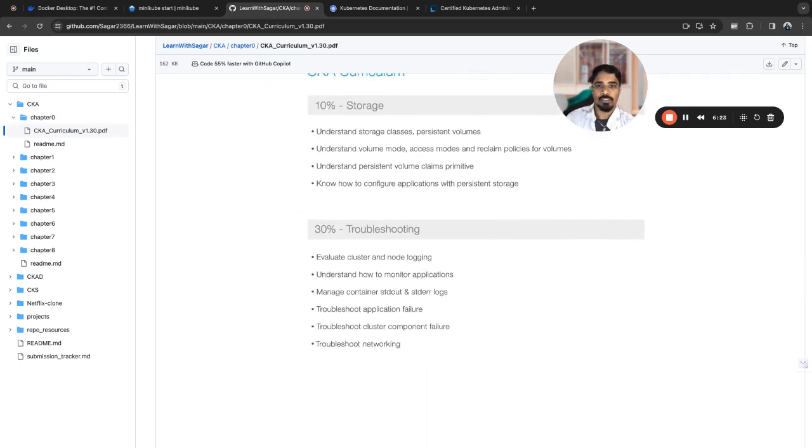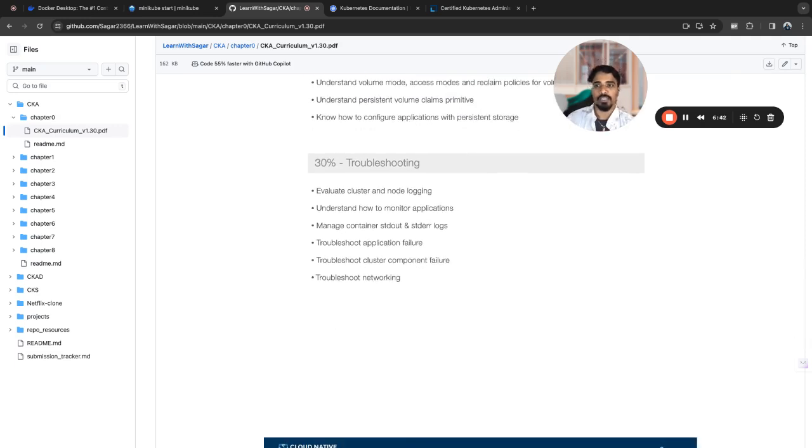The next domain is storage, where we will discuss storage classes, persistent volumes, persistent volume claims, as well as how to configure applications to use persistent storage. This domain has 10% of weightage. The next domain is troubleshooting, which has the highest weightage for the CKA exam, 30%.